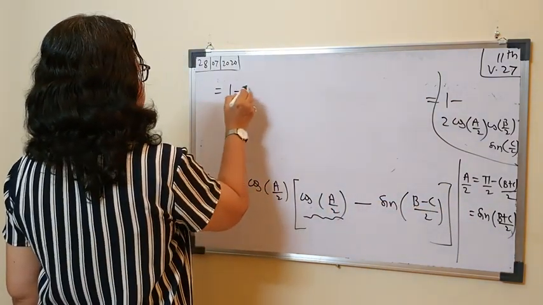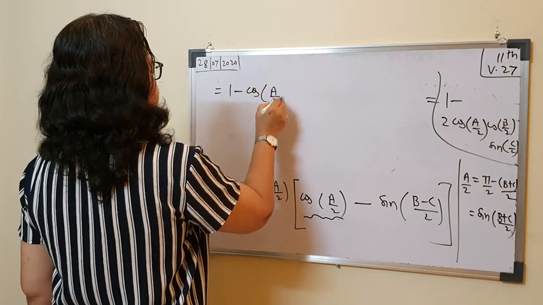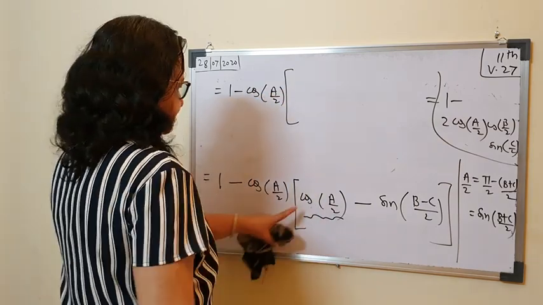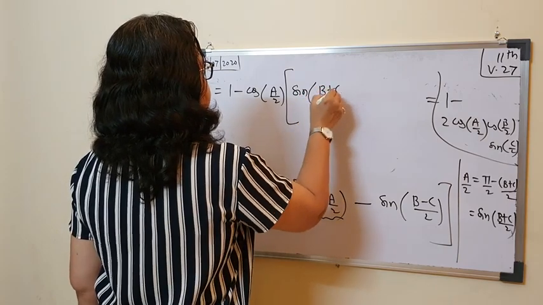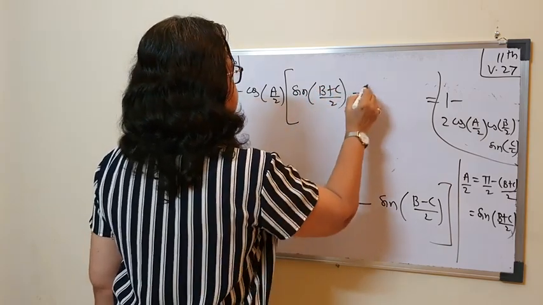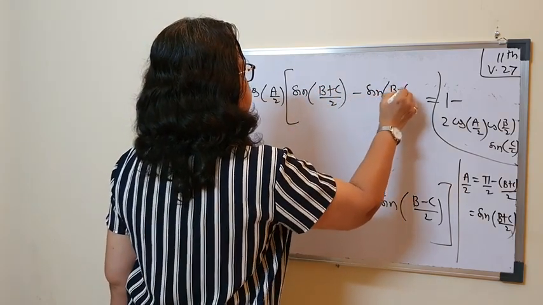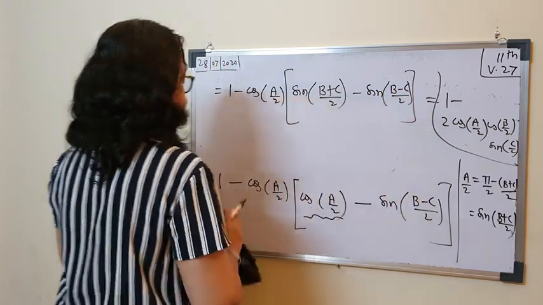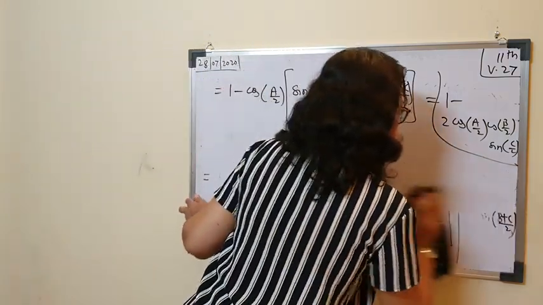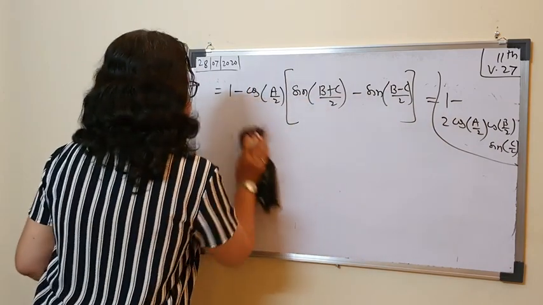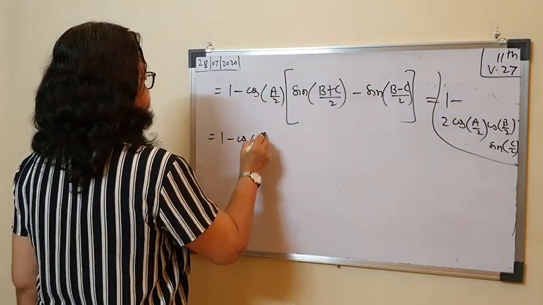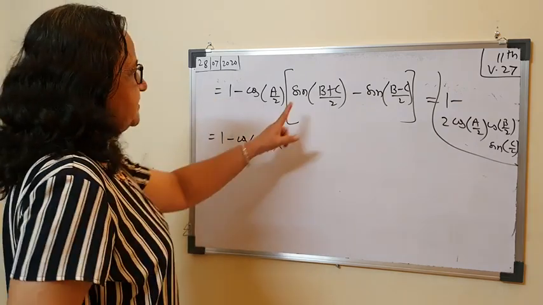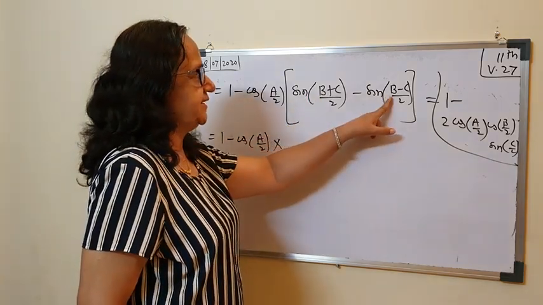So it is 1 minus cos a by 2 outside into bracket. First term cos a by 2 I replace by sin (b plus c) by 2, and this is minus sin (b minus c) by 2. Bracket closed. So you got 1 minus cos a by 2 outside into sin c minus sin d.